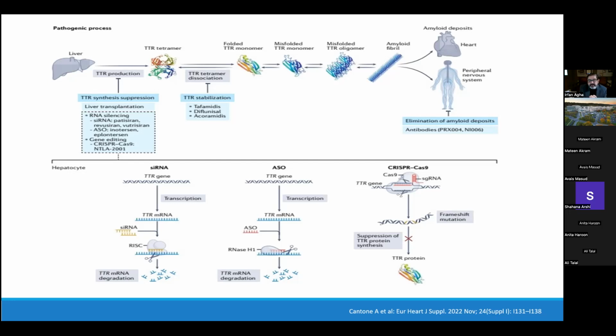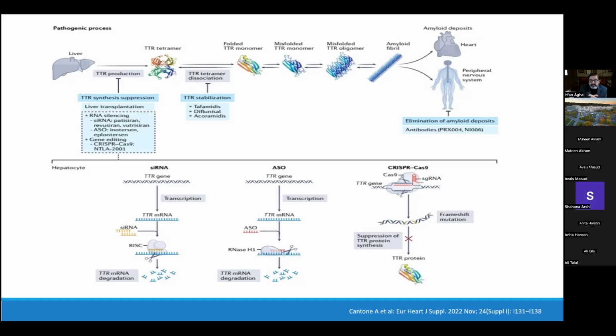Antisense oligonucleotides, ASOs. They are synthetic single-stranded oligonucleotides with a length of about 20 base pairs, which bind to the target mRNA and promote their degradation, again, having the same effect, that you're not going to have either wild type or variant TTR.